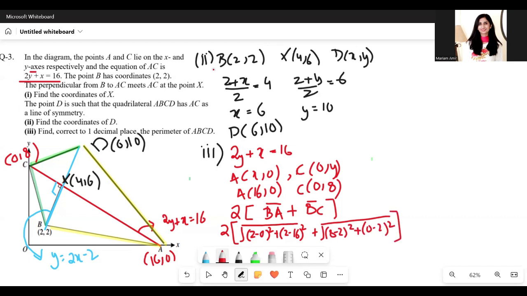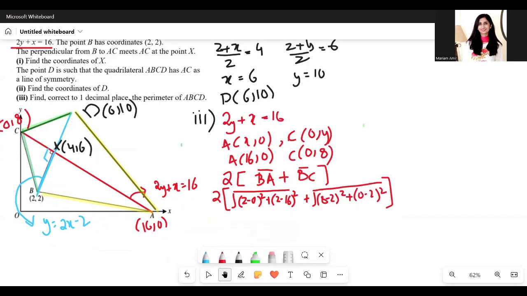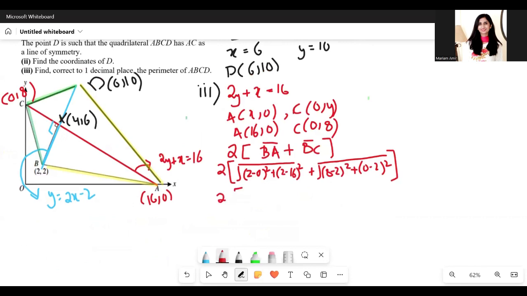So that gets me 2 times the first one comes out to be 2 square plus 14 square, that's square root of 200. And the other one comes out to be 6 square plus 2 square, not 4 square, so 40.